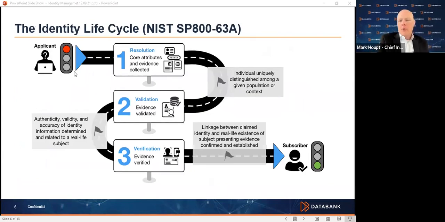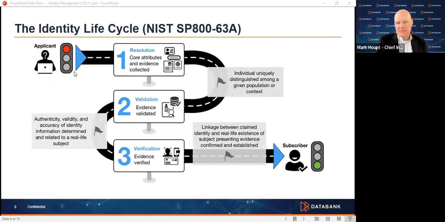All right. One of the things you'll always hear from me if we're on any type of call, any type of discussion, webinar like this, is I always lean towards the NIST models, because there are so many well-tested and efficient methodologies out there that are put forward by NIST. And one of the things I want to talk about is this identity life cycle.